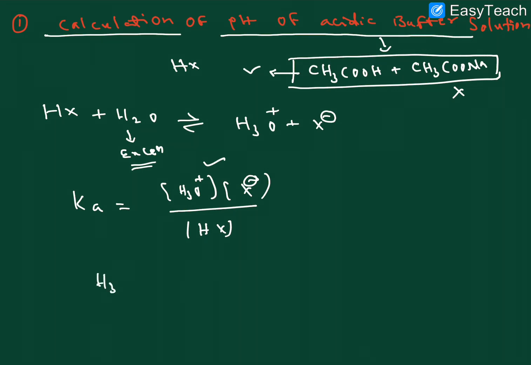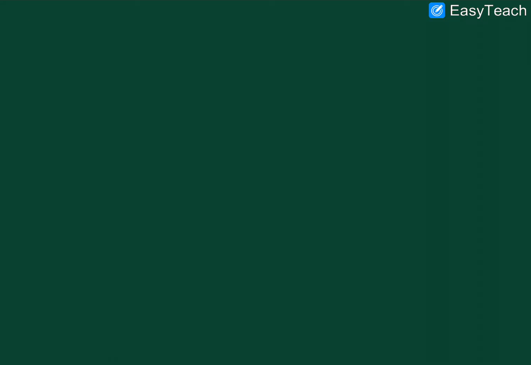We want the concentration of H plus ion, then only we can calculate the pH, so we can rearrange here: H3O plus concentration equals Ka into HX divided by X minus concentration, right?